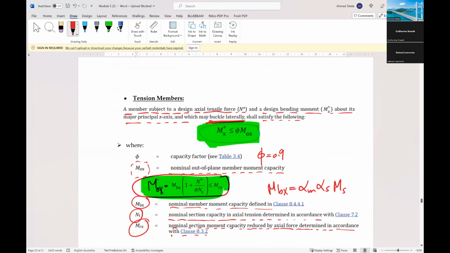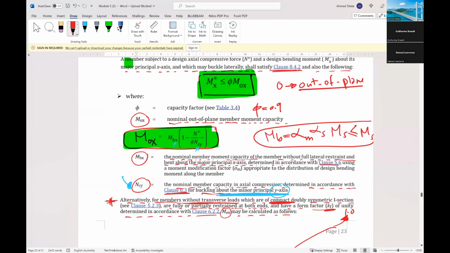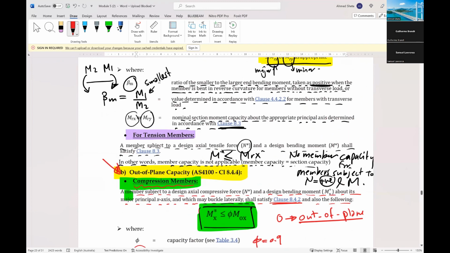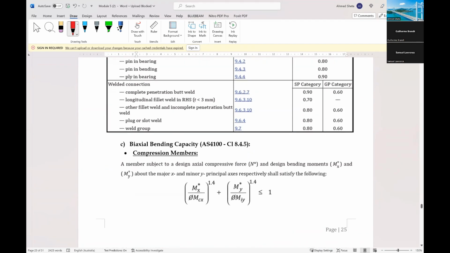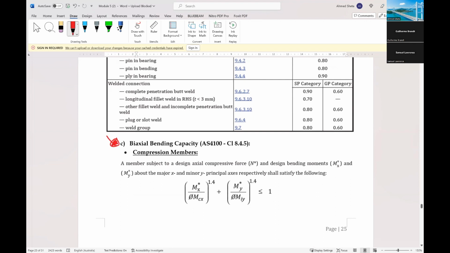So we have finalized the out of plane and in plane capacity. The last one is the biaxial capacity. The biaxial capacity again means if we have both buckling or moment about the two principal axes, x and y.